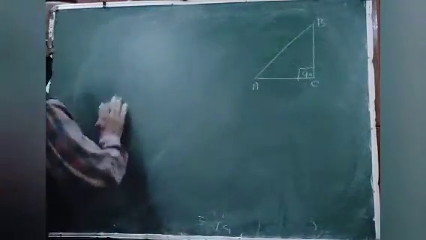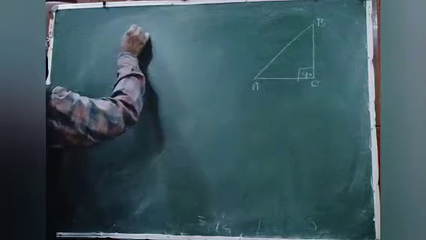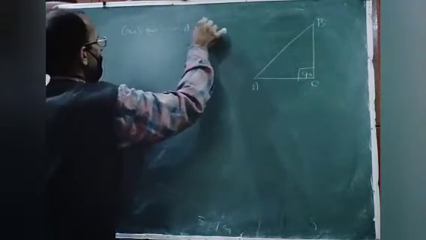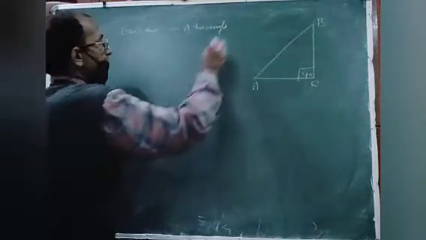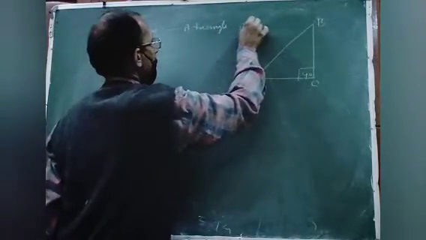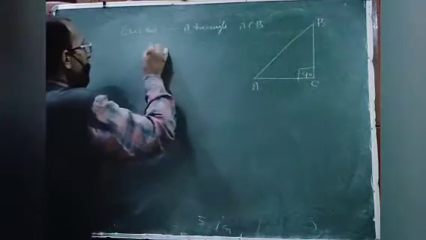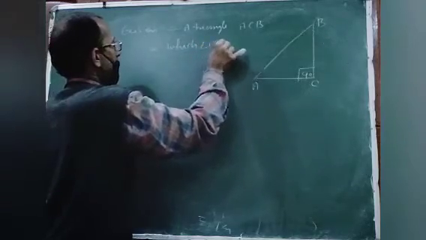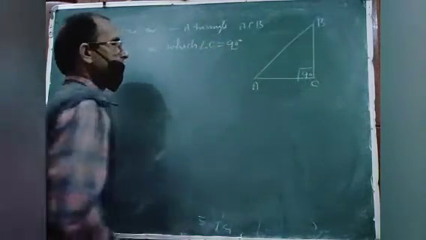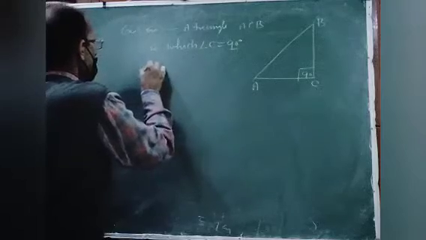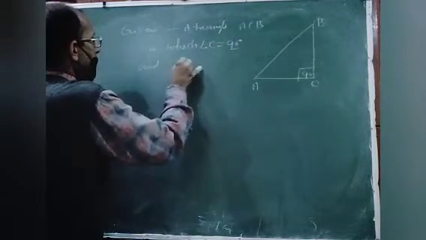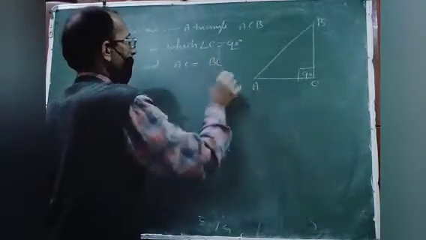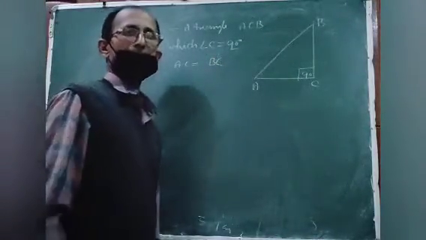So in this one what is given? Given a triangle ABC in which angle C is equal to 90 degree and AC is equal to BC, because hypotenuse will be the longer side.